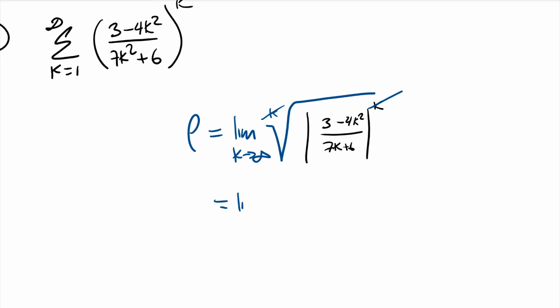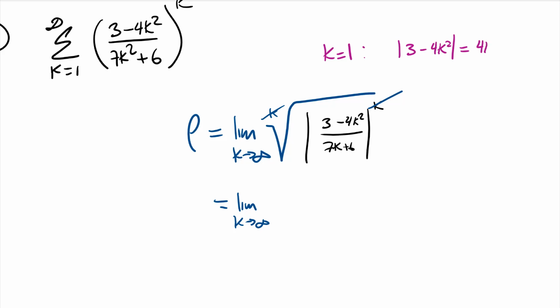So we're going to be left with the limit as k tends towards infinity, and then we have the absolute value. Now remember that k's are going to start at 1, and we can only have positive things in there. So if k is equal to 1, the absolute value of 3 minus 4k squared, if you were to just plug that in, we would get a negative 1, and then we'd have to change it.